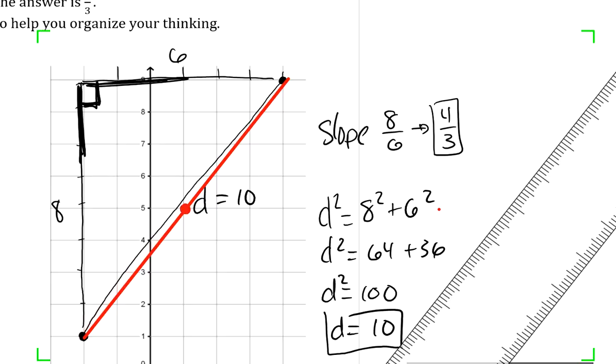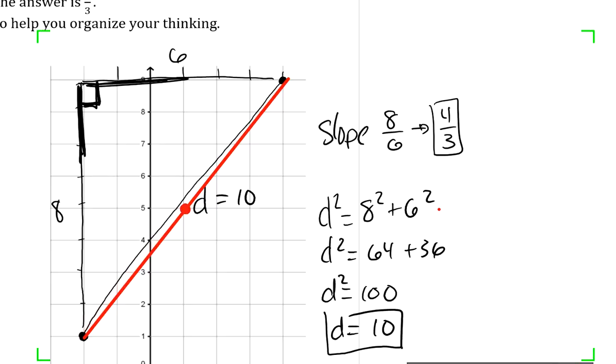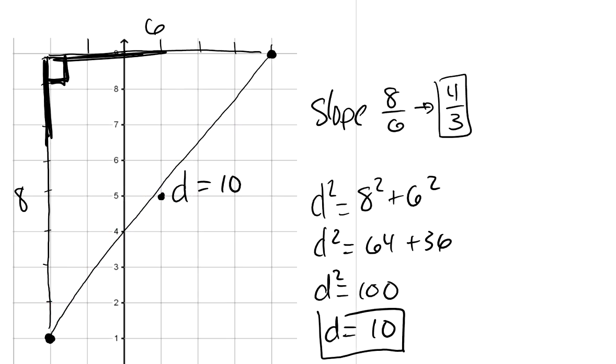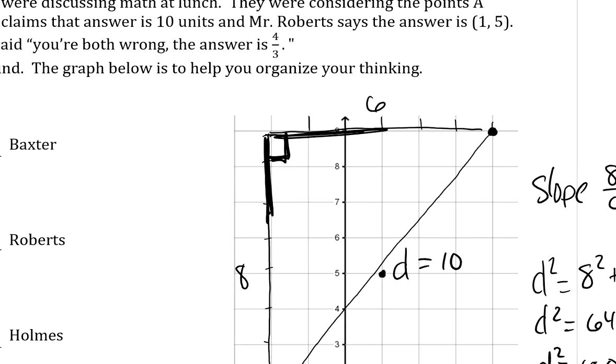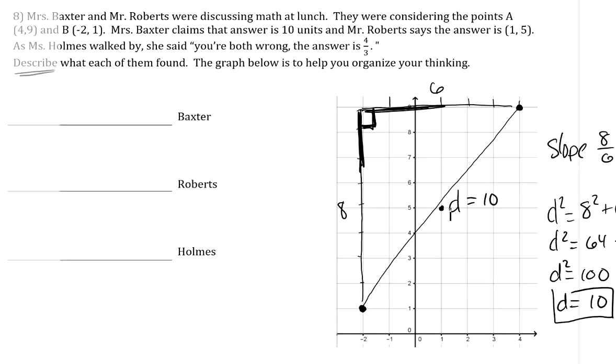So what are these three people talking about? If we put this all together, I think a picture emerges here. Mr. Roberts says, Miss Baxter's claim the answer is 10 units.